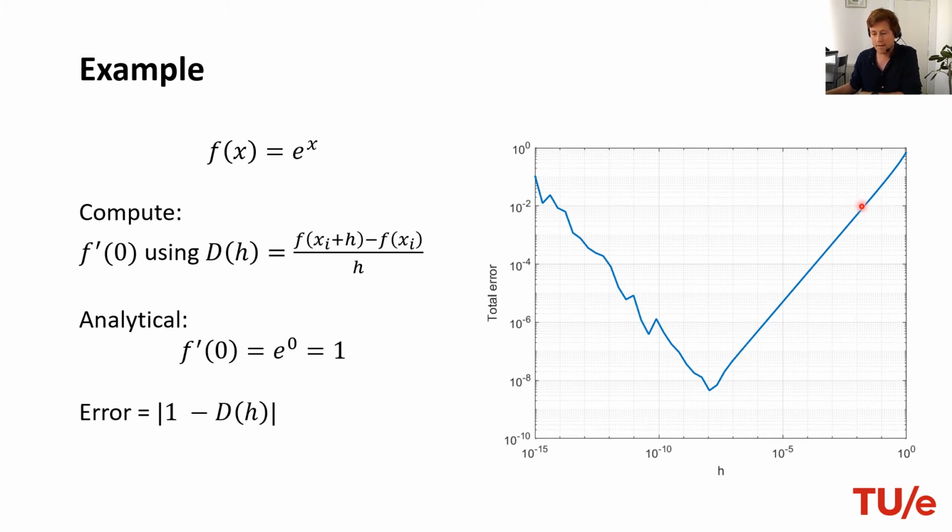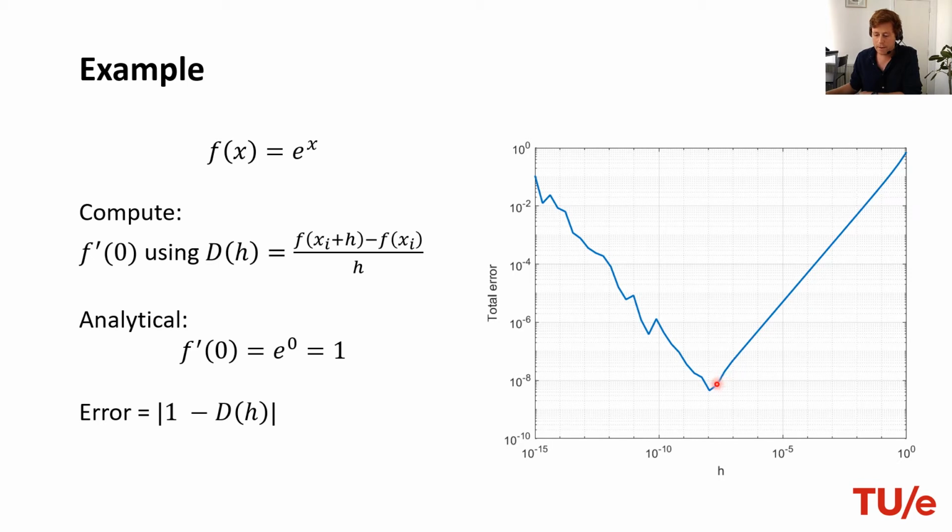And we actually see that this line has a slope of 1, which corresponds naturally to our truncation error being of first order. So our truncation error is directly proportional to h. If you set it out in a log-log plot, this will come out as a slope of 1.